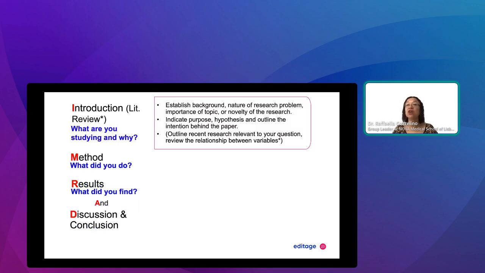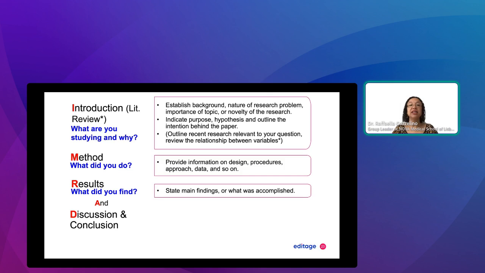But then you also have other sections, in particular the method section, that responds to the question, what did you do? And it's very important to understand then the results section, that is, what did you find with those particular experiments. In the method, you need to provide information on the design, procedures, approaches, data, and so on, while in the results, you state the main findings and what was accomplished so far.